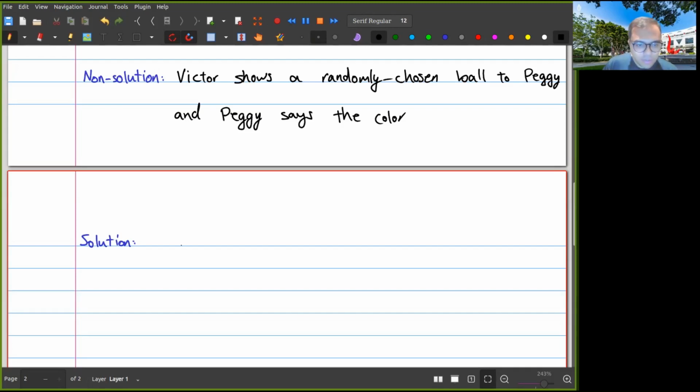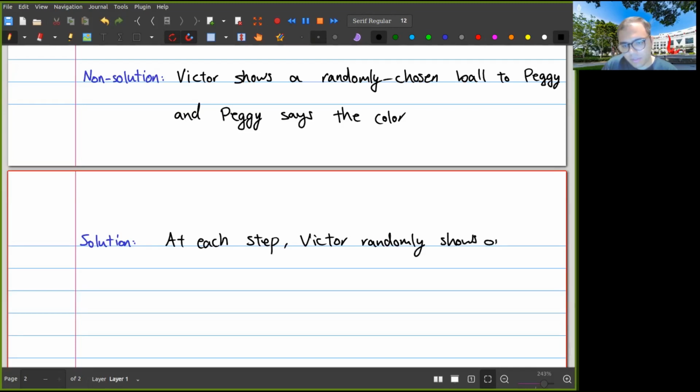Okay, so at each step, Victor randomly shows one of the balls. And Peggy has to say whether the ball was swapped. Okay.